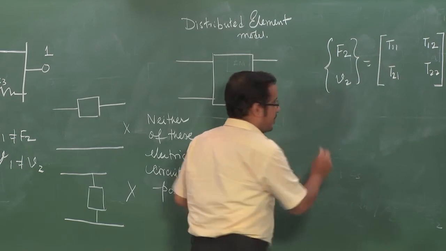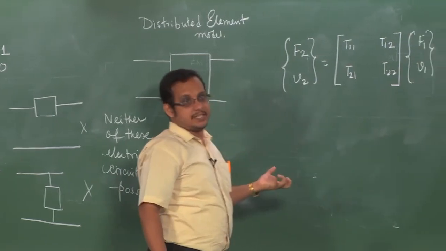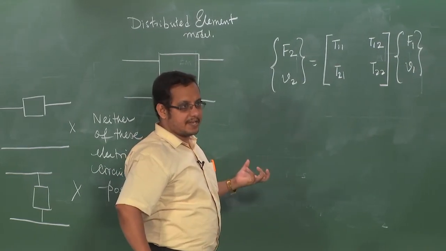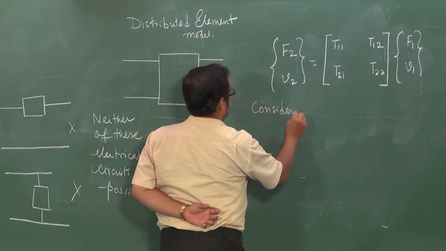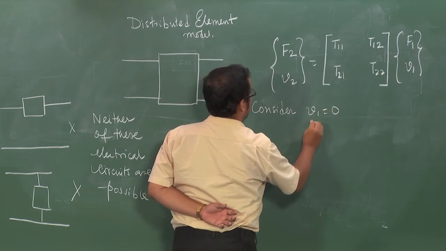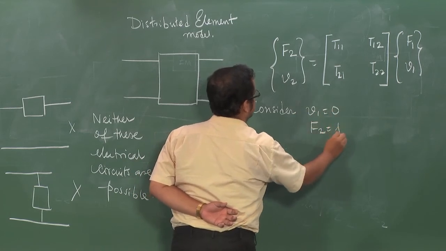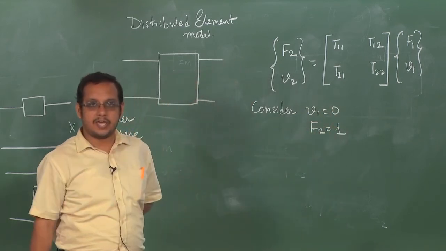We could contemplate different situations of this mechanical system. So, consider one simple case wherein V1 is 0 and F2 is equal to 1. Okay.